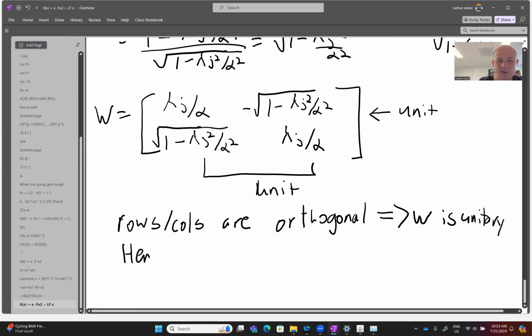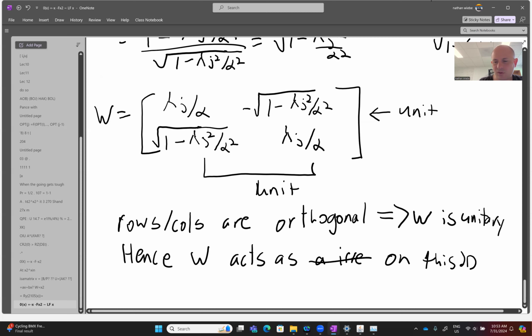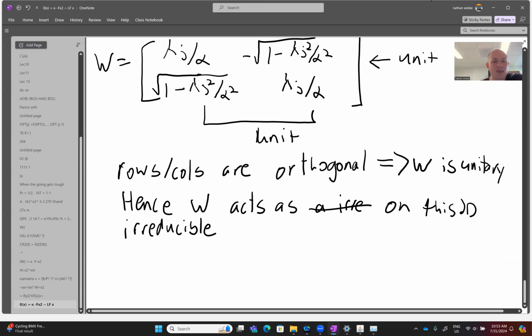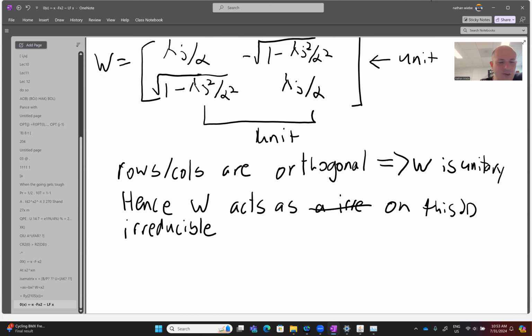Hence, W acts on this 2D irreducible space, i.e. it doesn't mix this. Another way of looking at this is that if we have our initial vectors coming in here, then our initial eigenvectors will always lie inside an irreducible two-dimensional space that W will manipulate.